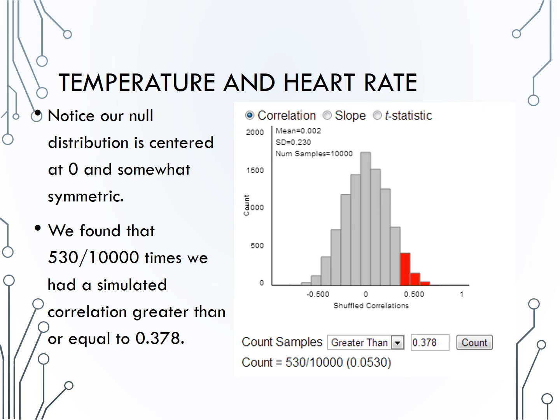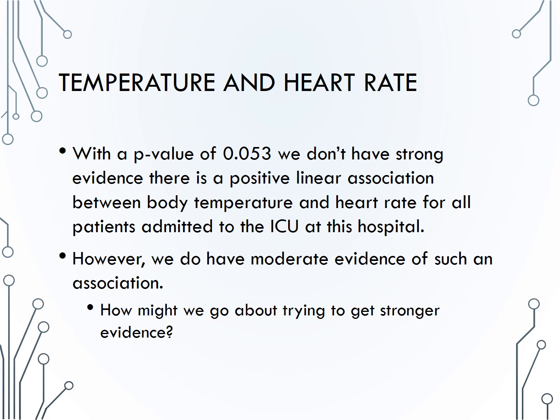This is providing moderate evidence against the null hypothesis, or moderate evidence that there is a positive association between body temperature and heart rate in our ICU patients. What was just said, with a p-value of 0.053, we don't have strong evidence of a positive linear relationship between body temperature and heart rate for all patients admitted to the ICU, but there is moderate evidence.